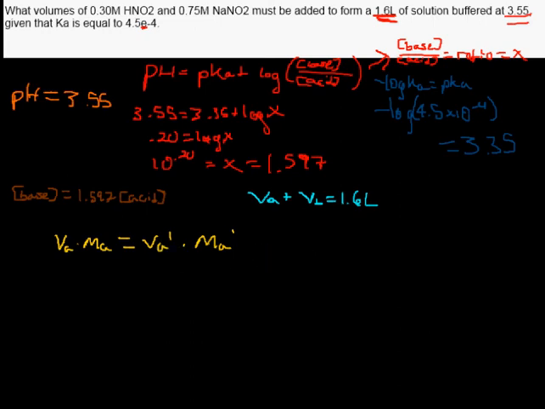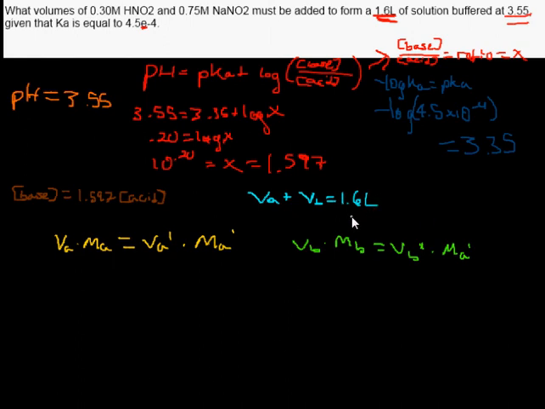Alright, now in a different color, we're going to write out the same thing, but for the base, times that equals the final volume, which is basically the total volume. Now, we could also say something here.